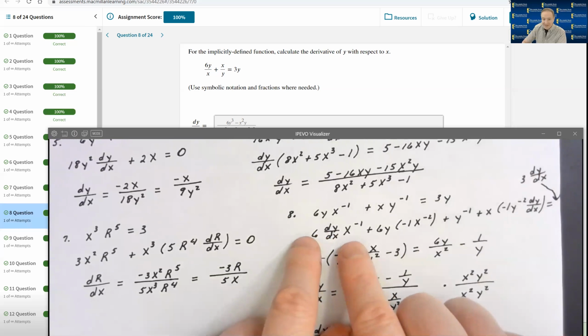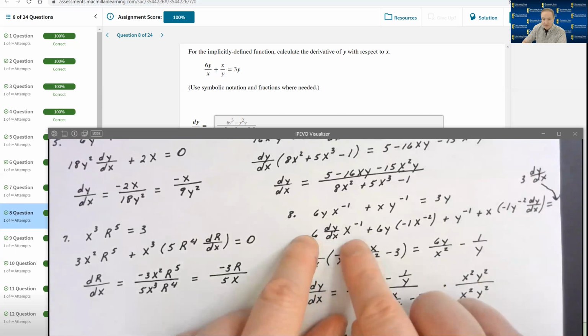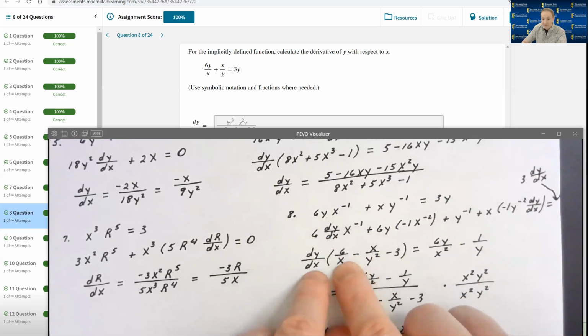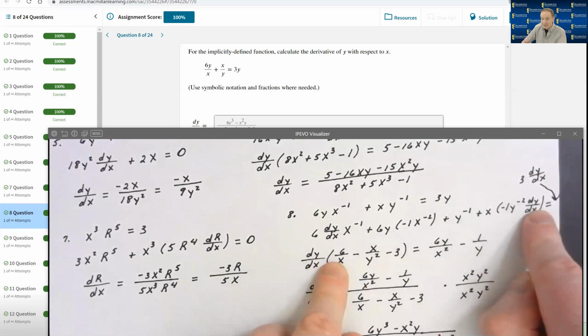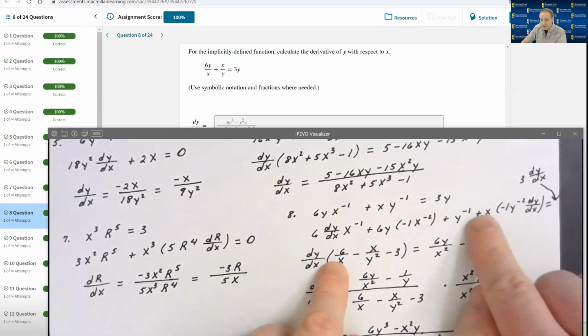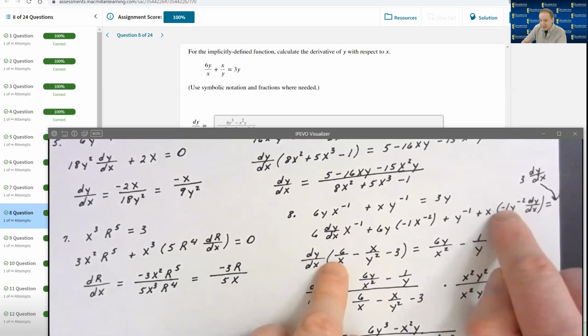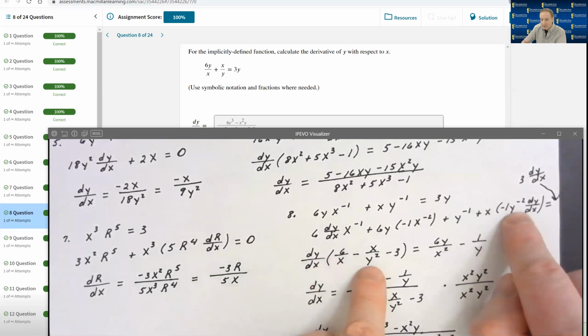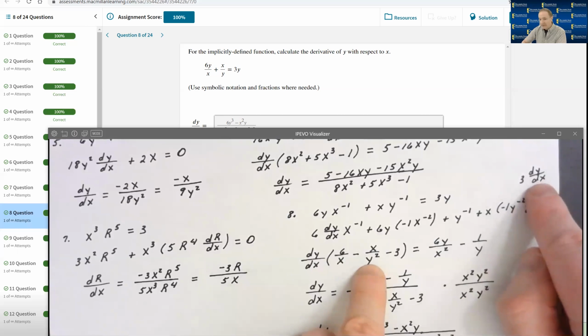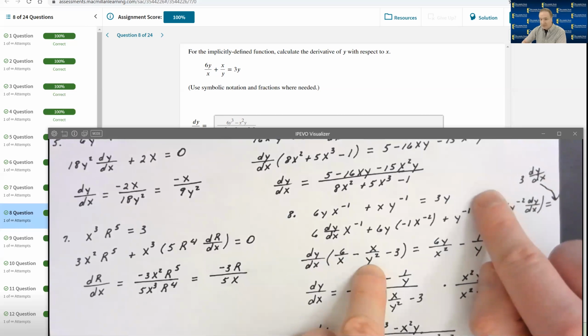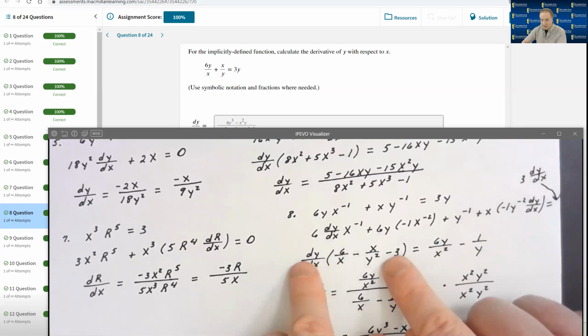My first term, 6x to the negative 1, that's better written as 6 over x now, since we don't need to take the derivative anymore. My next term that had a dy/dx is this term. If I factor that dy/dx out, it's going to become minus that negative minus x over y squared. That's where that came from. And then, of course, this 3 dy/dx, if I move it to the left, it's a minus 3 dy/dx. Factor out the dy/dx, you're left with a minus 3.